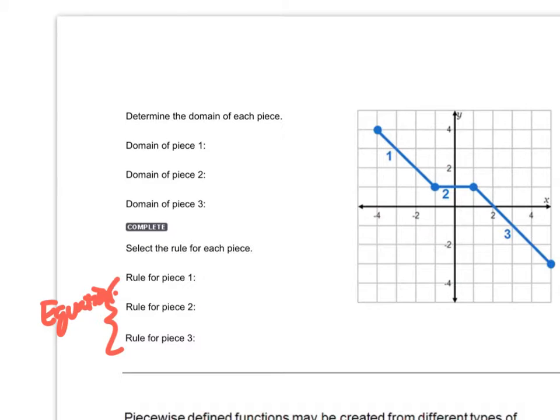And so let me do this. I'm going to do -4 is less than or equal to x is less than -1. Okay? And then the domain for piece number 2 just goes from -1 to +1. Okay, and I'm going to do -1 is less than or equal to x is less than 1. And then the domain for part 3 goes from 1 to 5. Okay?